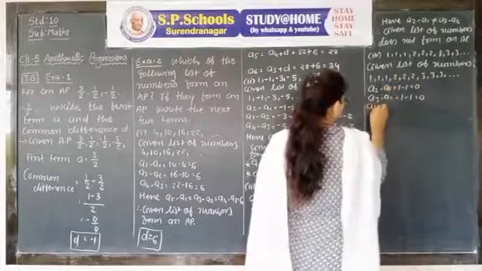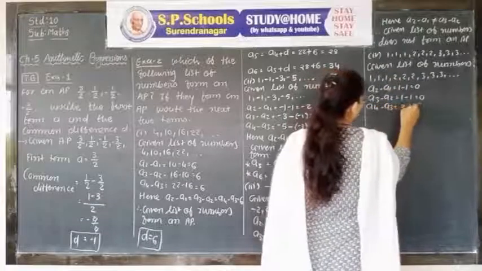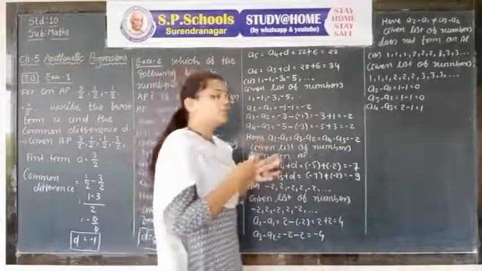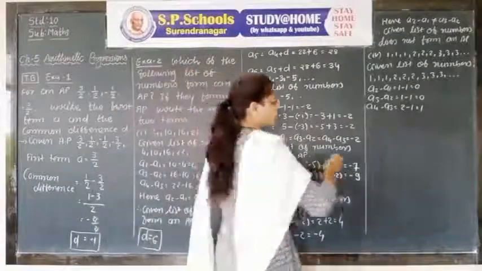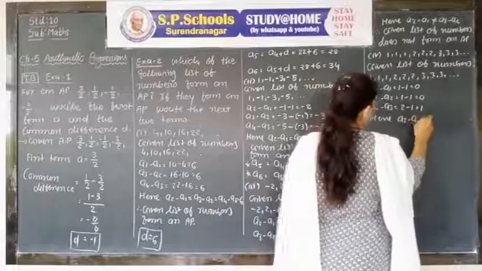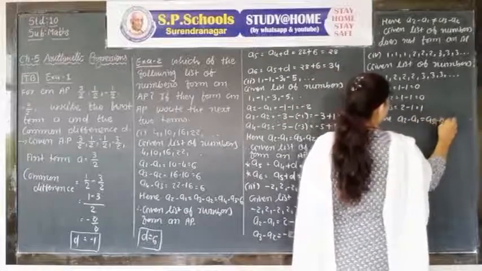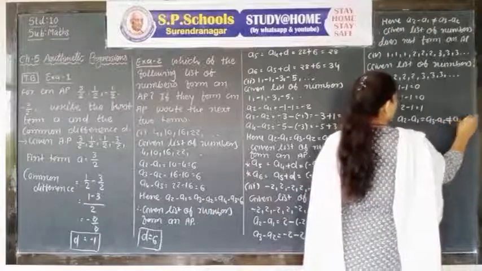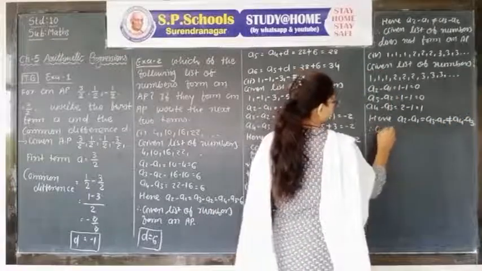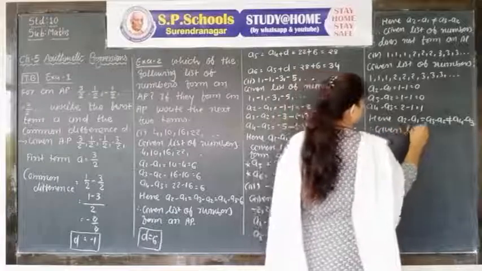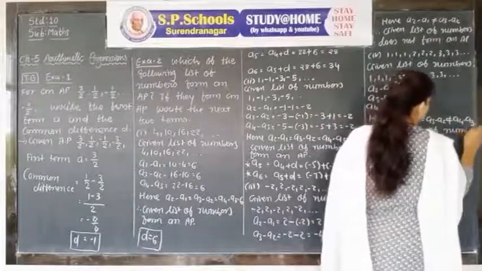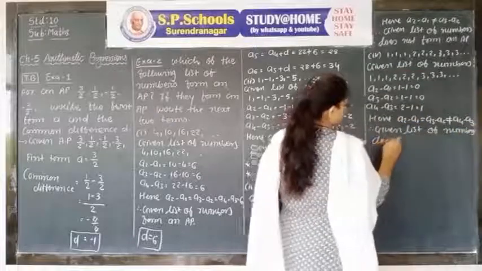A4 minus A3 is equal to 2 minus 1 is equal to 1. The common difference for the first two is equal, but the third is 1. Here A2 minus A1 is equal to A3 minus A2, but is not equal to A4 minus A3. Therefore, the given list of numbers does not form an AP.